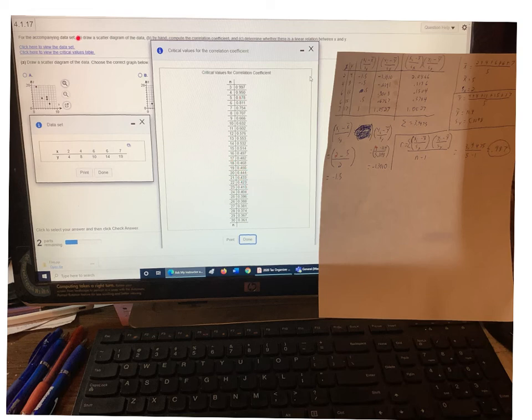So first part, I'm guessing you probably don't have trouble plotting points. I mean, you just got to match it. For 2, 4, it looks like they're counting by ones on this axis and twos on this axis. So for 2, 4, you'd come over 2 and then go up 2, and right there's 2, 4. I know it's not this one because it doesn't have a point at 2, 4.